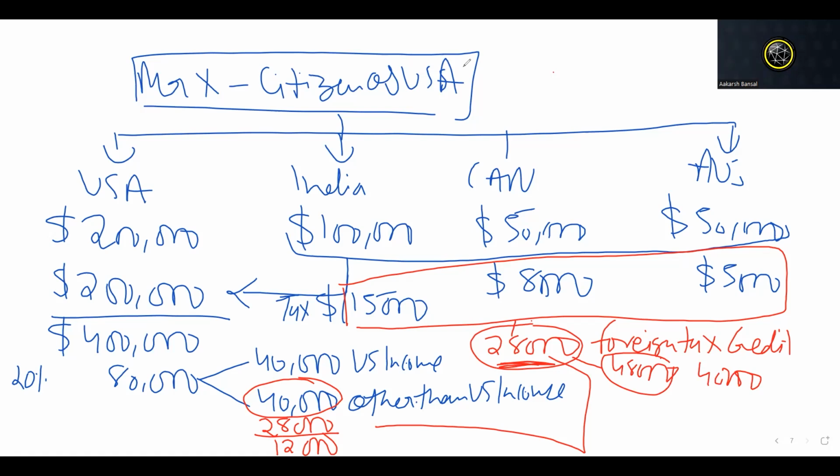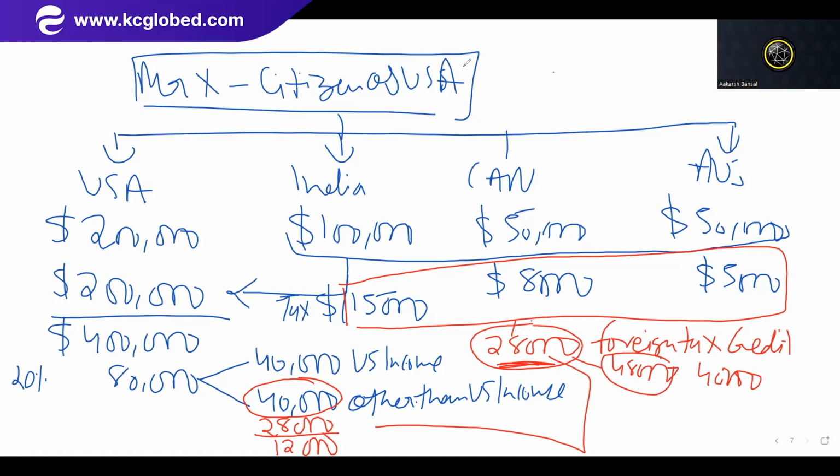Yes, sir. Sir, if a person paid outside of USA more than 40,000, then does the US government refund the amount? No, they will give credit of 40,000. Then they are not paying any taxes in US, so why the case of refund?